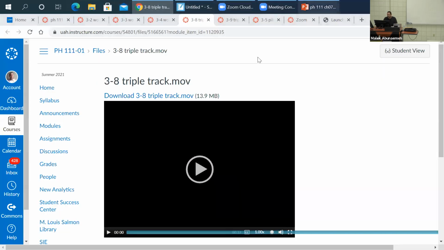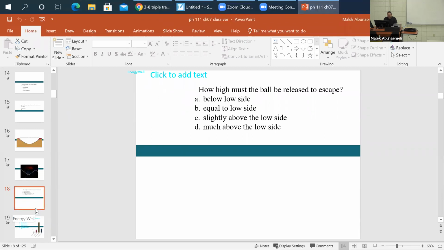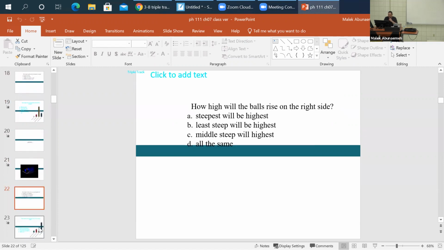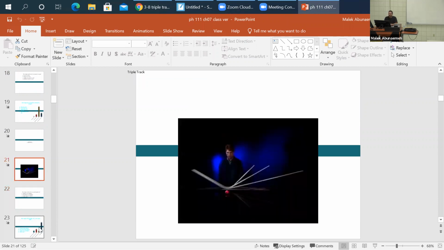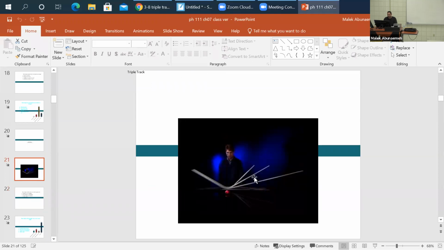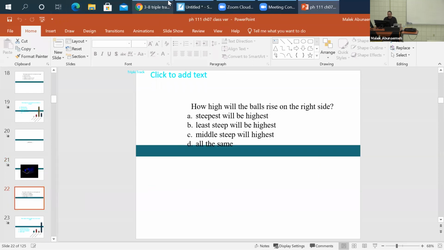So if we release that ball from that track, how high will it go on each side? Will the steepest be the highest, the least steep, the middle, or is it going to be all the same? 1, 2, 3. This is the highest, this is the steepest, this is the middle. So go ahead and lock your answer in.